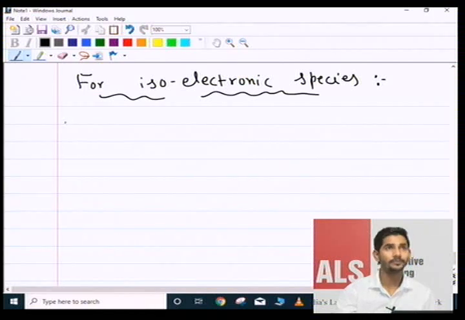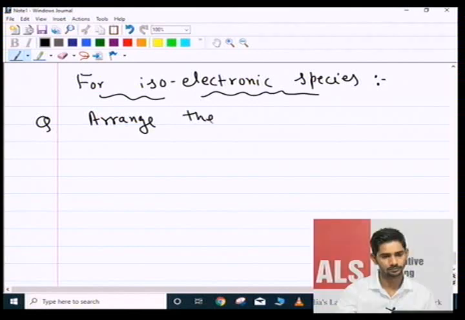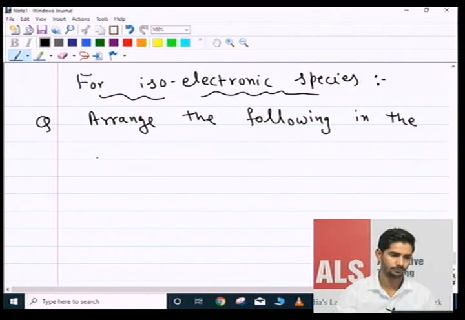What are we comparing? I'm actually discussing a question with you. Just look at the question, then after that I'll give you time to copy it. The question is: arrange the following in the order of increasing size.